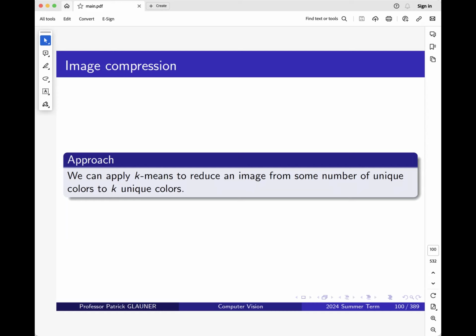One student says remove every second pixel. Okay, we would just remove every second pixel. So we would make the image smaller in terms of the size, and then only need half of the space, for example, or if we take every pixel in terms of the rows and columns, could be even a fourth of the size.